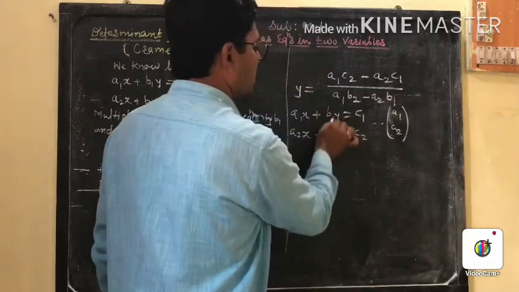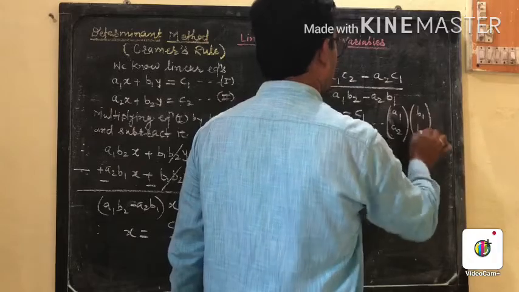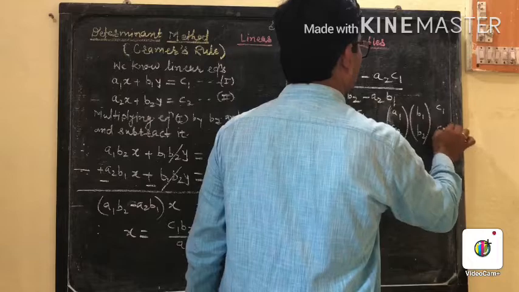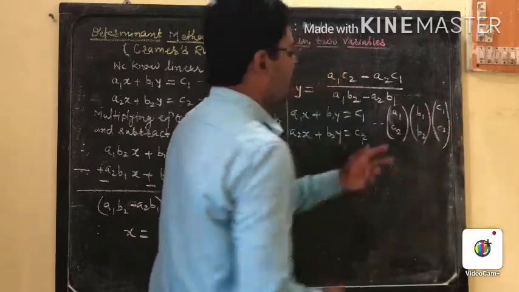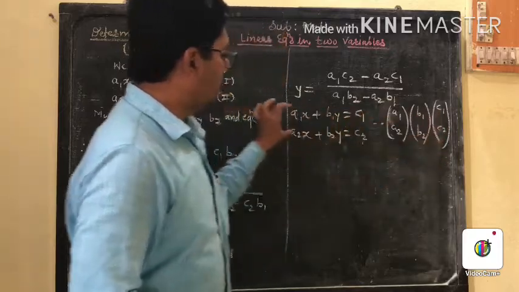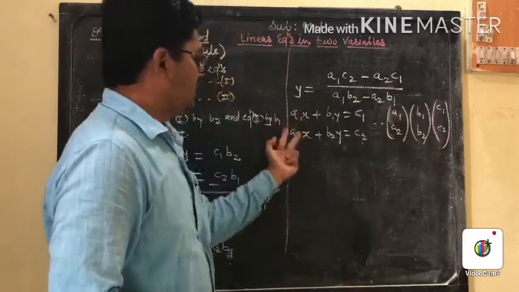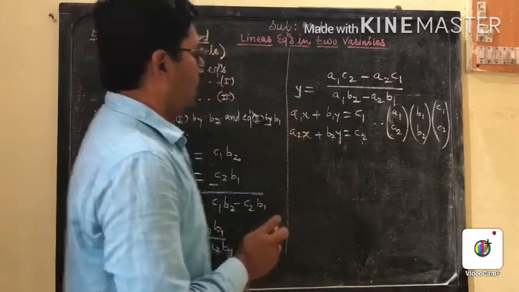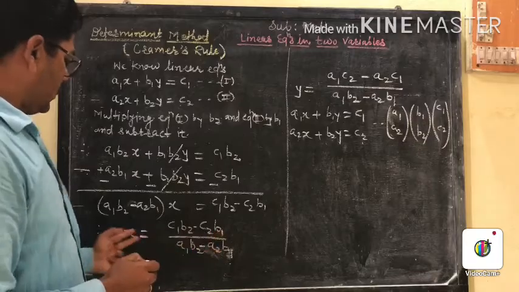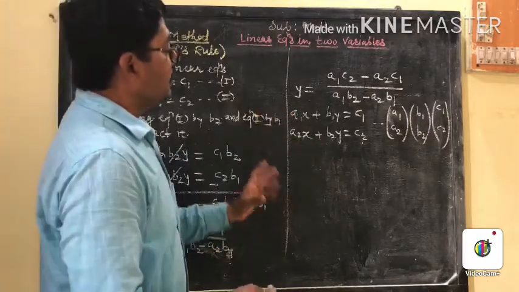Another column is b1, b2, and the third column is the constant terms c1, c2. For remembrance, a1, a2, b1, b2, c1, c2 are the coefficients of these two equations, and we are writing them column wise. Now we have to convert the values of x and y into determinants.